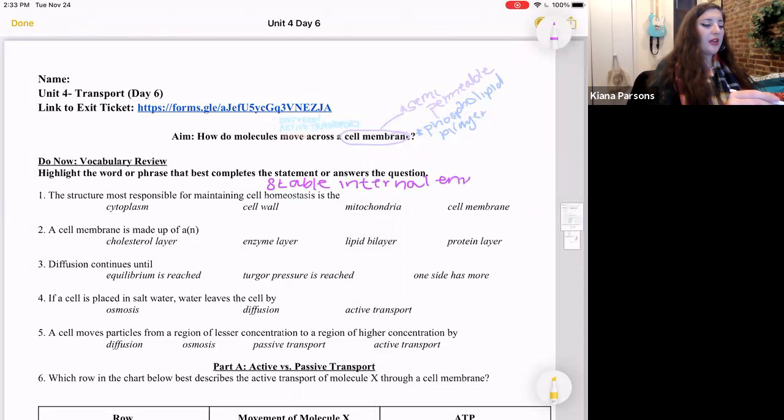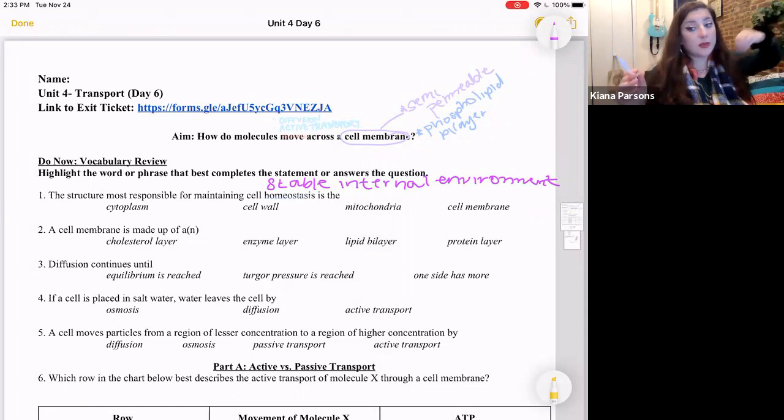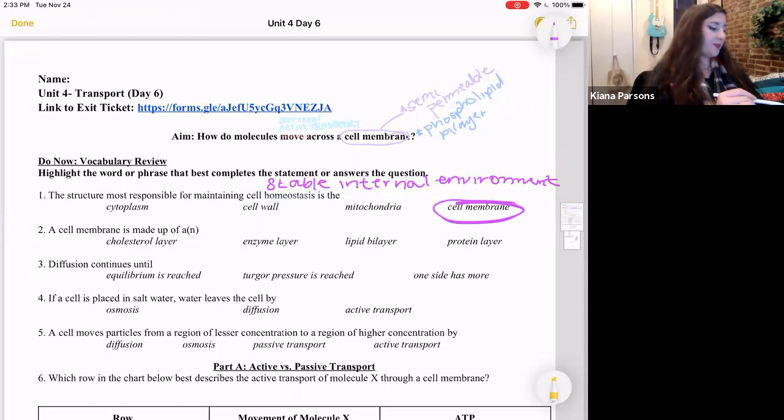And how do you maintain a stable internal environment? By having a secure outer structure that prevents harmful substances from entering the cell and allows waste to exit the cell judiciously, and that's the cell membrane.